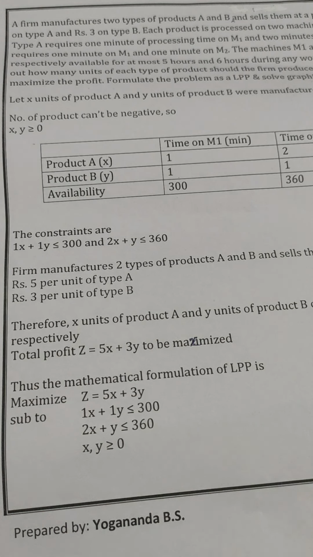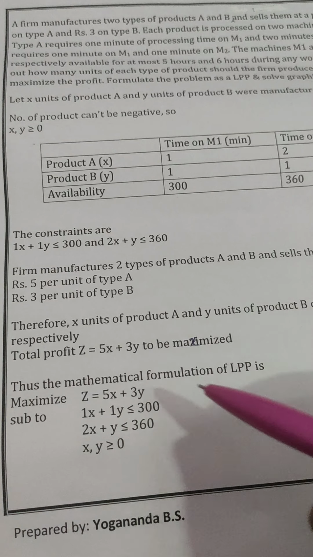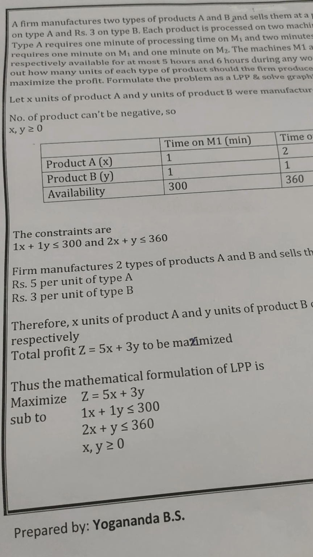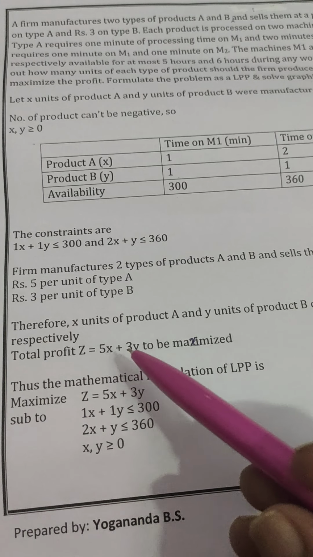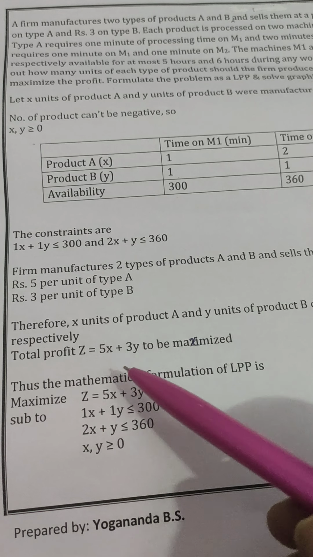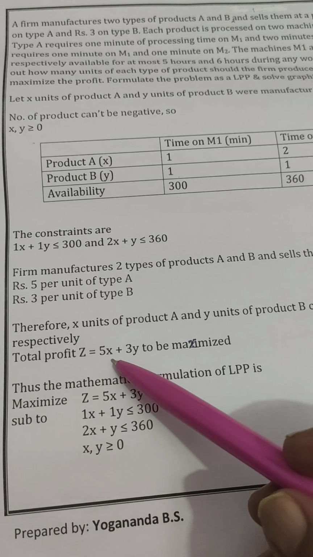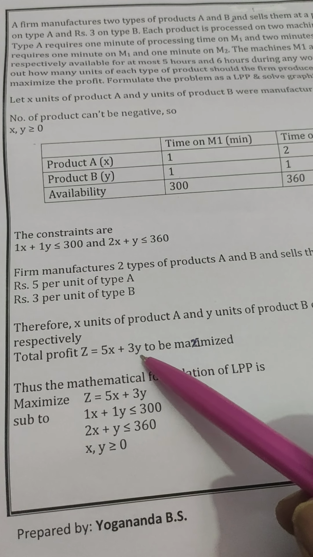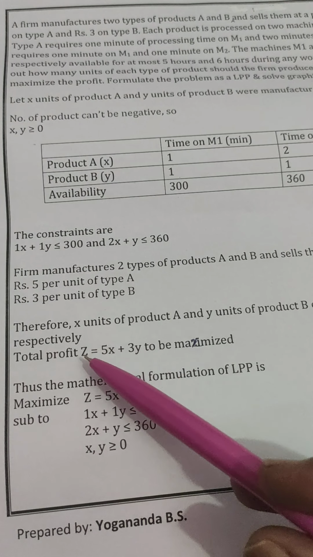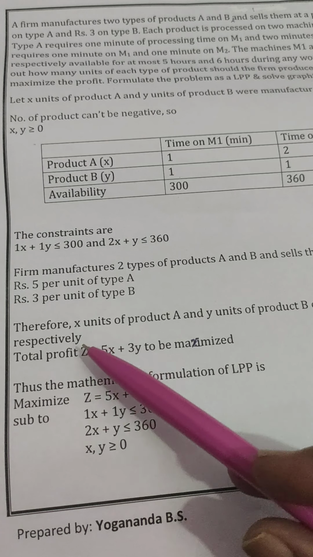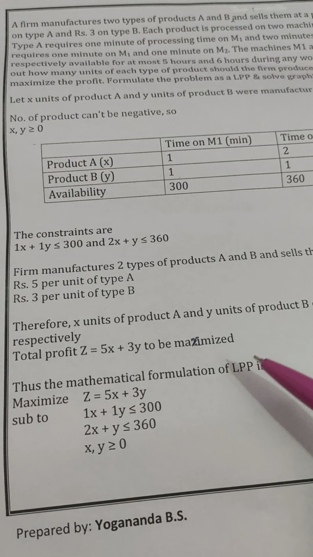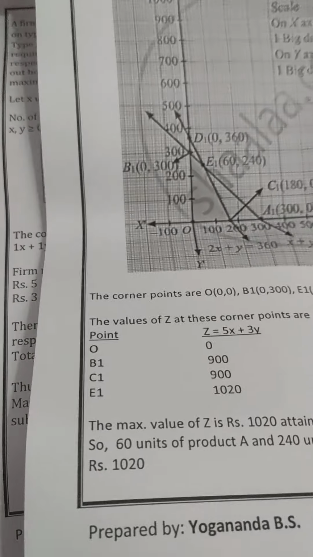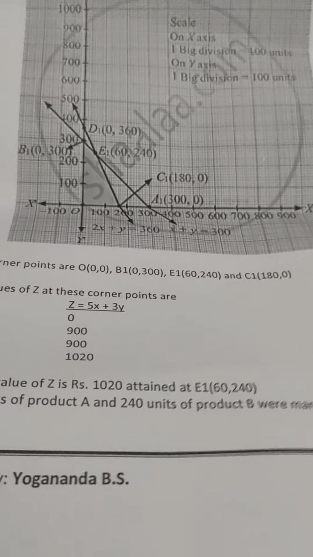So this is the formulation of LPP. Now I need to find how many units of product A, that is x, and how many units of product B will be produced so that the objective function Z is maximized. For this I am plotting the graph like this.